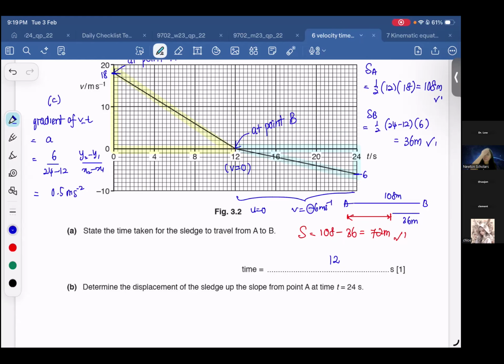Finding the gradient, but no need to put negative because the negative velocity is just direction. So you look at 12 seconds, the velocity is 0. At 24 seconds, the velocity is 6. Is that clear? Velocity is 6, so actually it is speeding up.